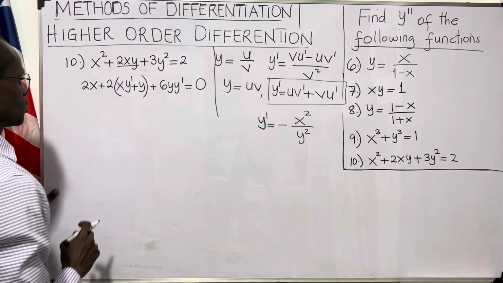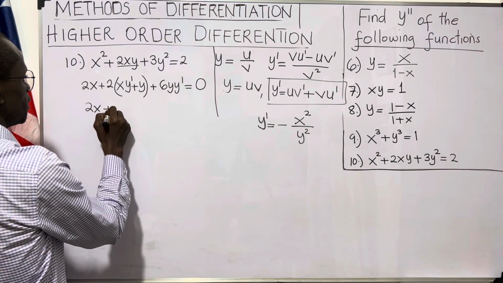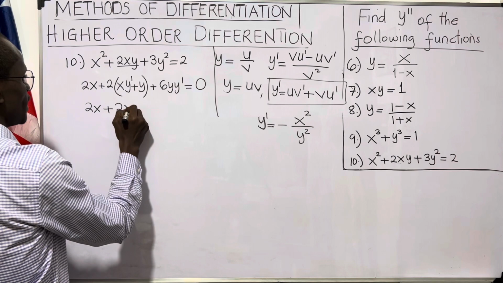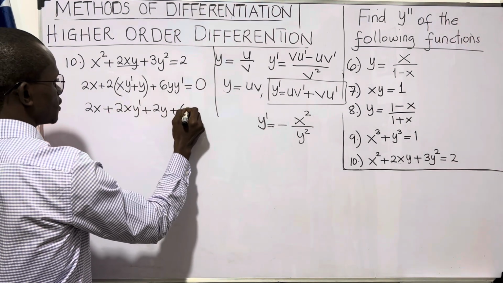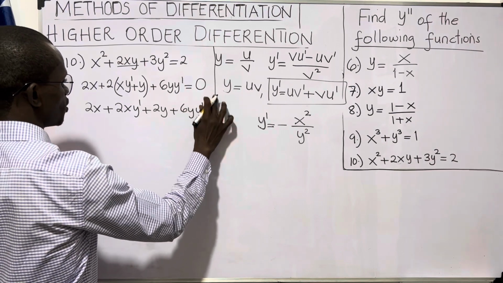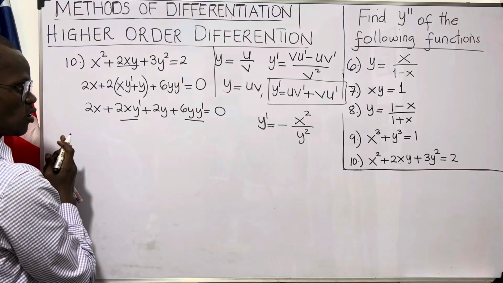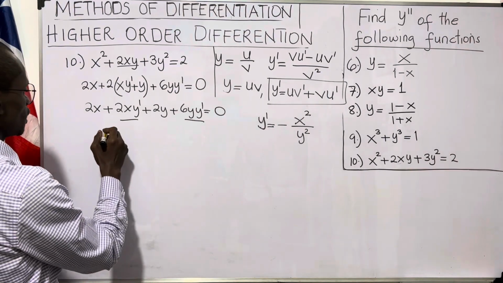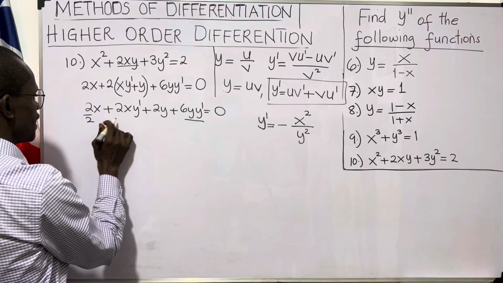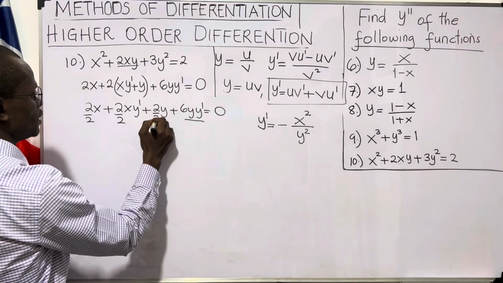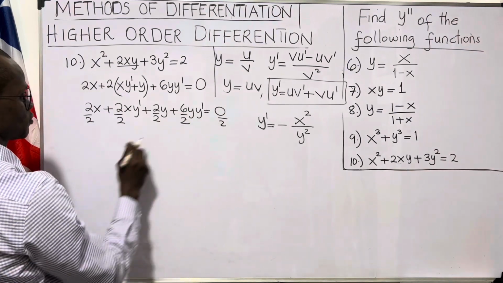Now we can simplify to solve for y prime. So we have 2x plus 2xy prime plus 2y plus 6y prime equals 0. So this is y prime, this is y prime. We group them on one side of the equation and send the rest of the terms to the other side. Now, every term here has 2, so we can divide all terms by 2.